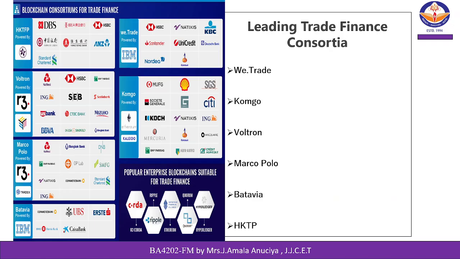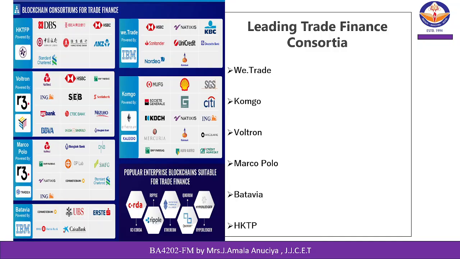Next, leading trade finance consortia. There are a few leading trade finance consortia out there, working toward a particular goal. Let's go through a few of them below. First one, we.trade. We.trade is powered by IBM.